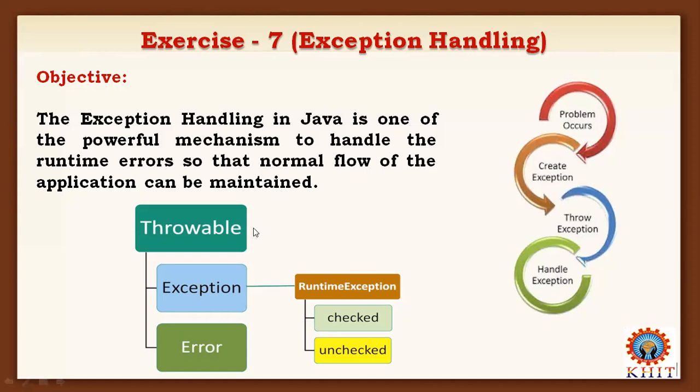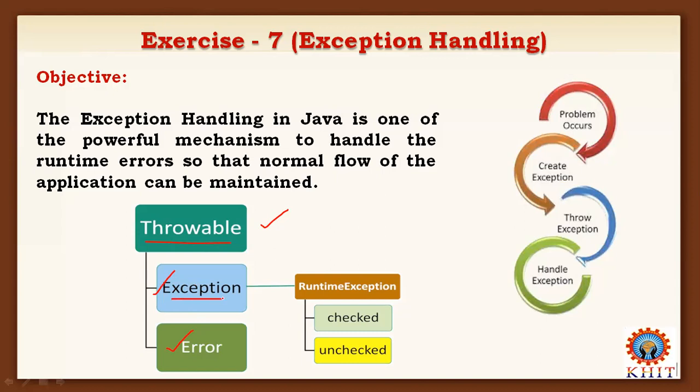And in the java.lang package, there is a Throwable class, and that is the superclass of all the exceptions generated in Java programs. This Throwable superclass has two subclasses called Exception and Error.